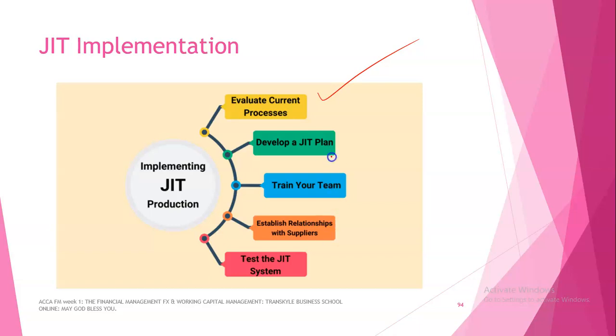Then we need to develop a just-in-time plan. Then train our teams, establish relationships with suppliers. Then we test the prototype of this particular system to see if it is feasible to implement it. If we are then happy, we then continue with the just-in-time implementation.